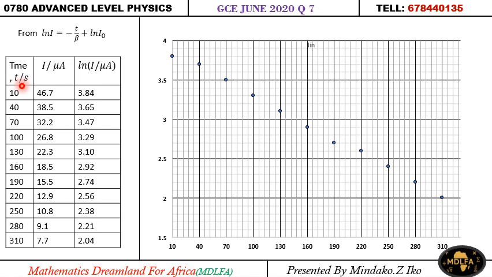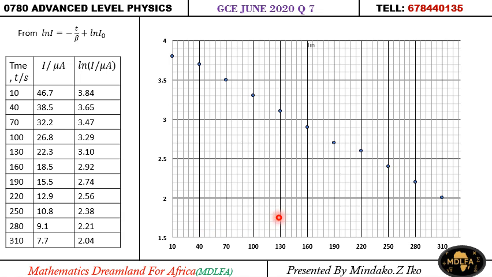Okay, if you have your answer, then you come out to your graph paper. Let me say this is your graph paper, right? So if you get the difference between 320 and 8, 320 minus 8, it is 312. Now this 312, what you do is you go to your graph paper.